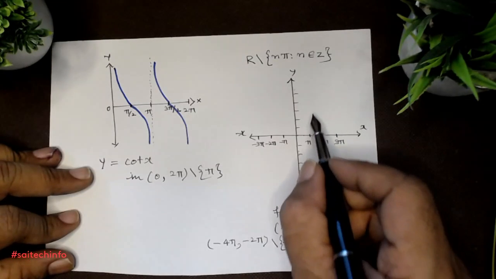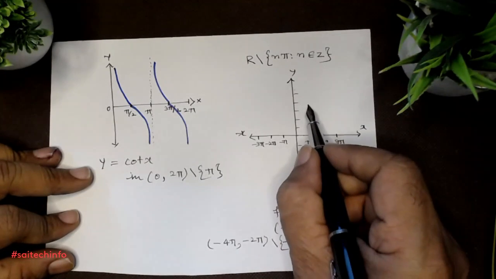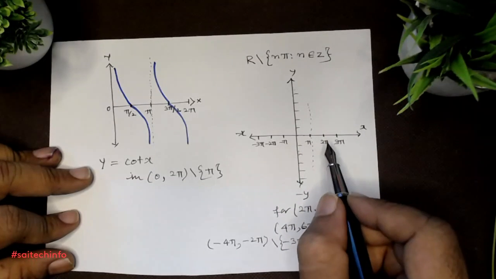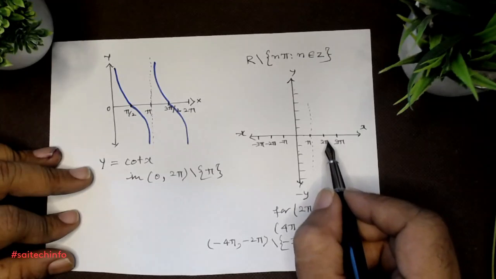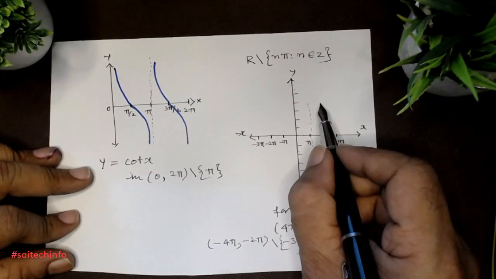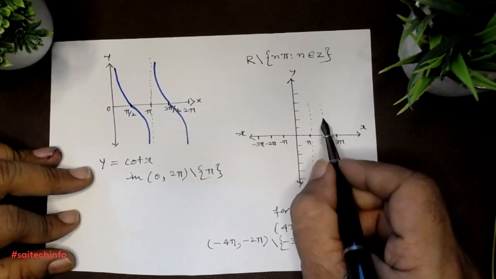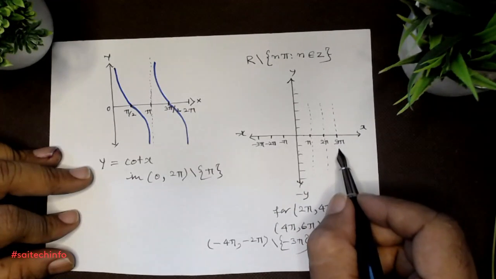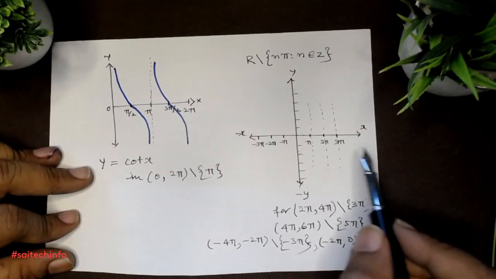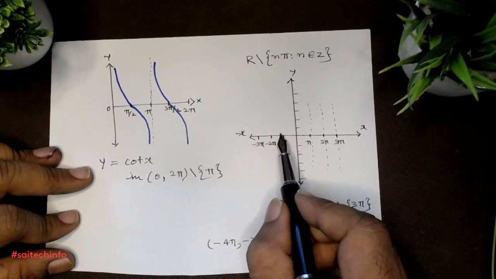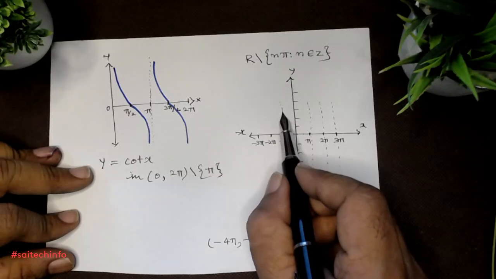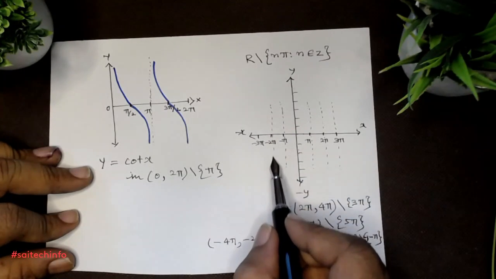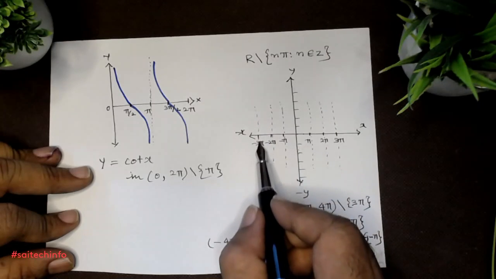The pi. So you can put a dotted line like this in order to show that it doesn't cross. Similarly for 2 pi, similarly for 3 pi, and here also minus pi, minus 2 pi, minus 3 pi.